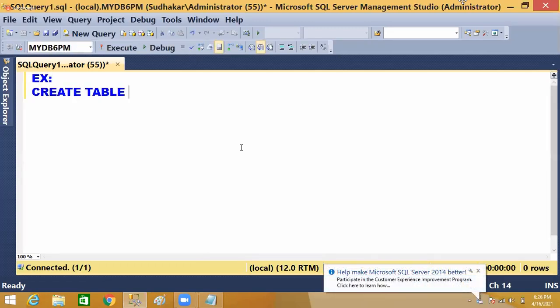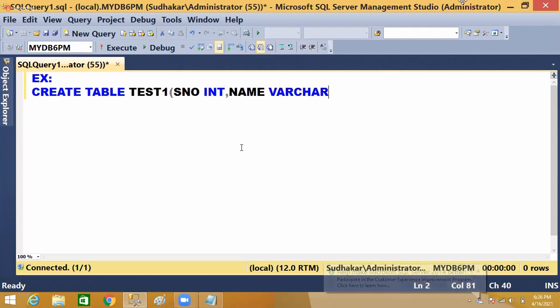Create table test1 with serial number and name. This is one table, guys.